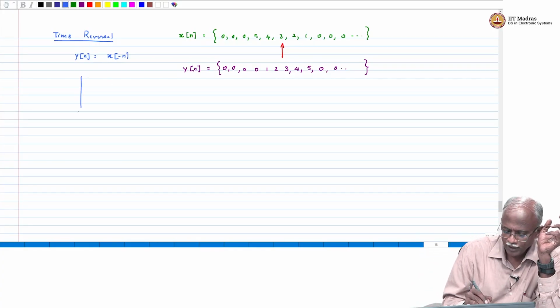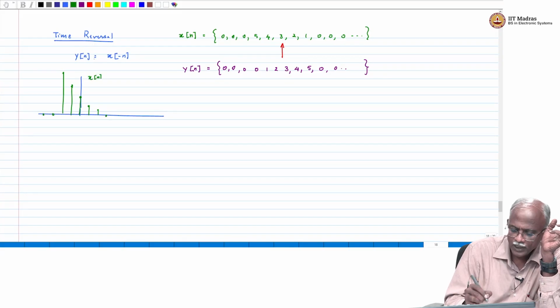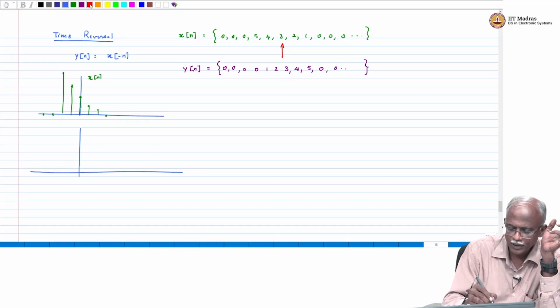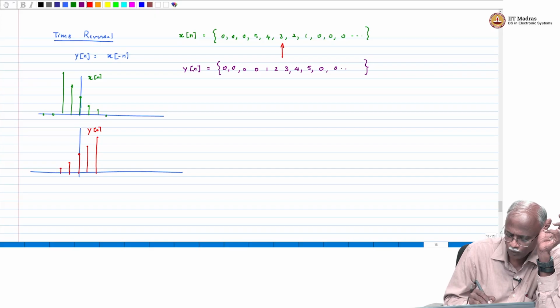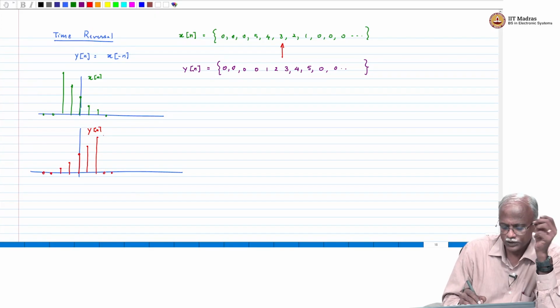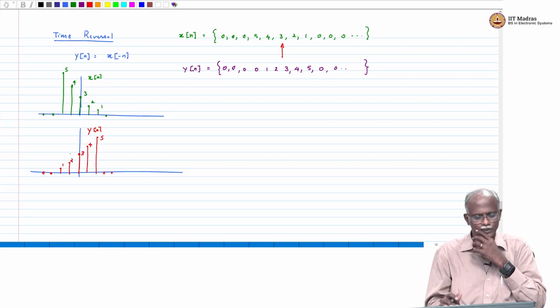If x of n was a sequence that looked like this, 5, 4, 3, 2, 1, and then zeros outside of that, the corresponding time reverse signal y of n had the values where this was the same as 3, this was 4, this was 5, and then you had 2 and you had 1 and then zeros.